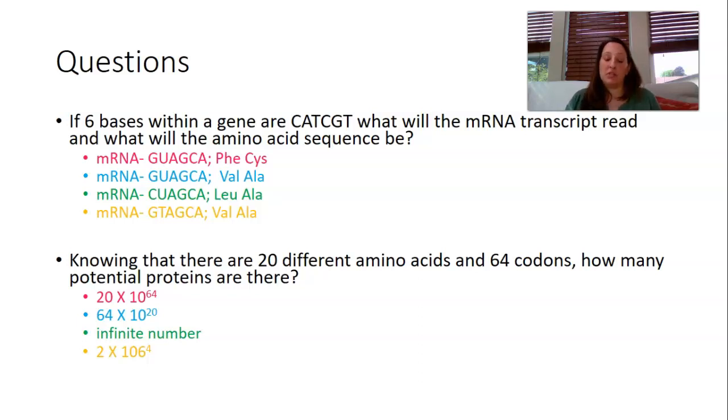And there could be tons of different orders of those 20 different amino acids that could be ordered in a bunch of different ways. And because the lengths vary, there really could be an infinite number of proteins. And we definitely haven't identified all the proteins yet.